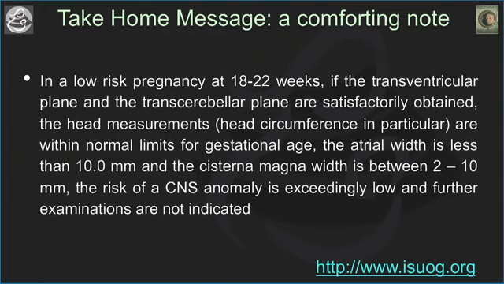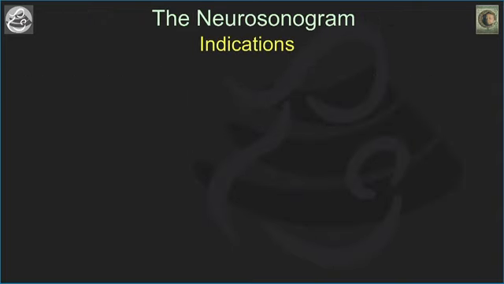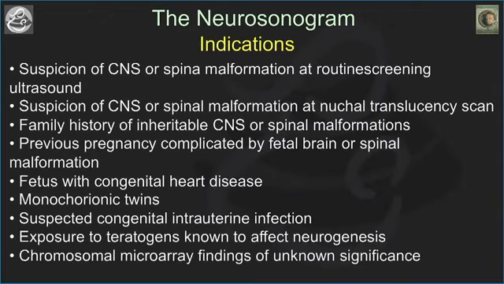We will do this examination only if it has specific indications, and those then become extremely important because there's no point just going on and on doing tests when it's not going to help. And so these are the indications for a neurosonogram. A suspicion either in the 12-week scan or the 15-week scan or in the 20-week scan.